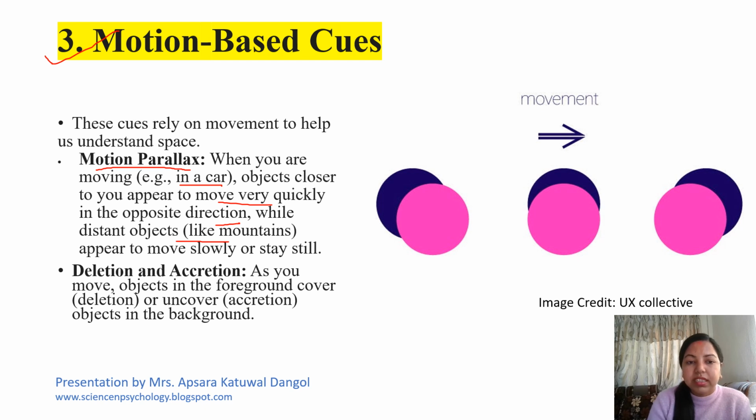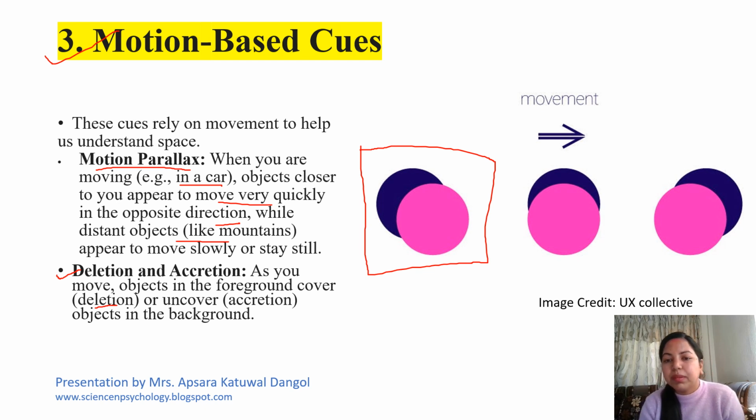Next one is deletion or accretion. Deletion means deleting, accretion means increasing. Firstly, we are talking about the movement: as you move, an object in the foreground covers and is deleted. Look at this image. You are looking at this image, right? But if you move slightly, what happens?